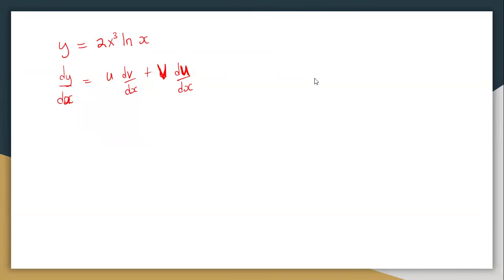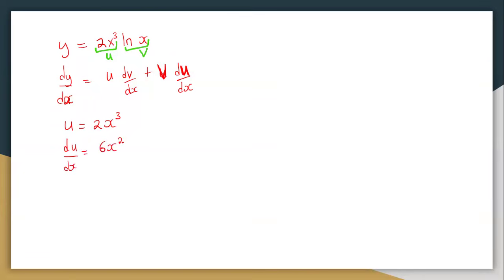Good morning, sir. Yes, so we begin by first taking our 2x cubed as our u and our ln x as our v. So u equals 2x cubed, and our du/dx will equal 6x squared.